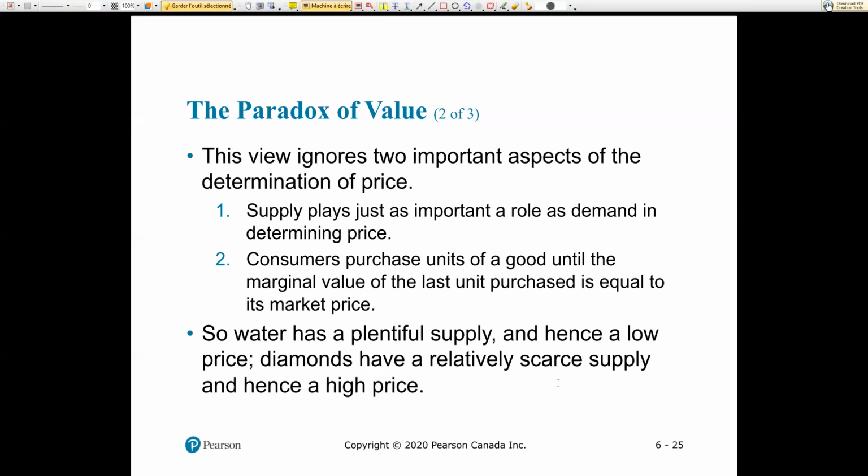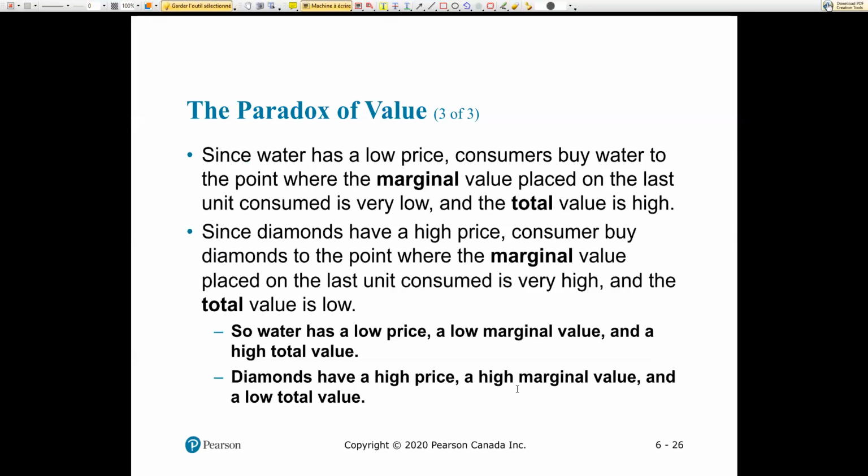Diamonds are scarce, so high price. So the marginal value of water will be low, whereas the marginal value of the last diamond bought will be high. So that's why the price of a drop of water will be low and the price of the last diamond will be high.